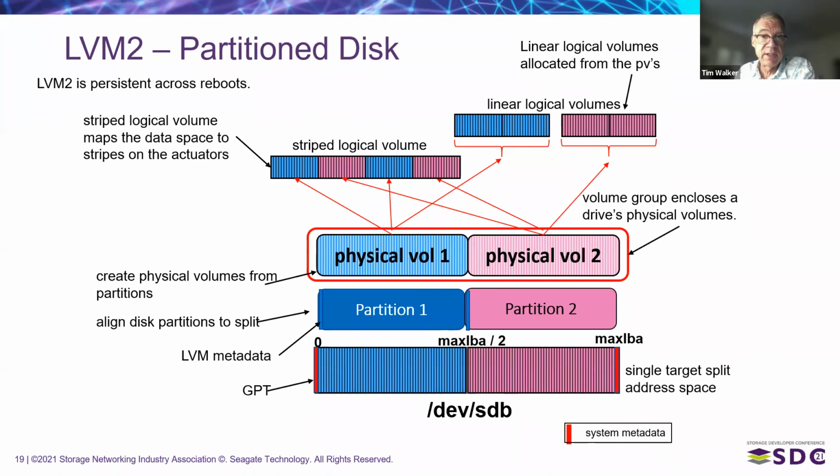Probably most of you are familiar with a lot of the LVM2 functionality, and dual actuator doesn't change any of that functionality. But dual actuator gives you one more aspect of the drive behavior to manage using LVM2. Next slide, please.